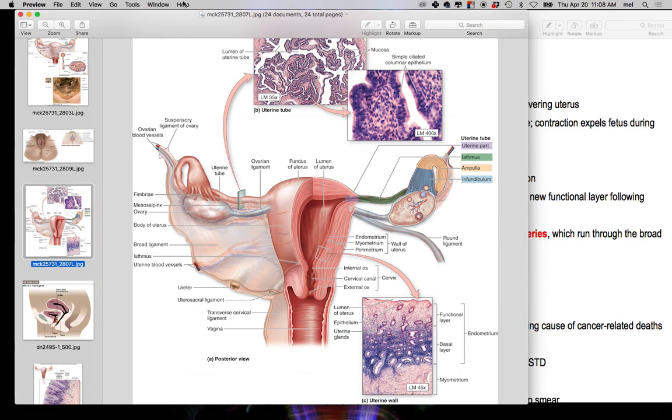Then when the progesterone drops, you shed the functional layer, and then you grow it again, and shed it again. Does that make sense? So you are actually not menstruating fluid. You are menstruating really, really vascular tissue. Of course, some fluid is going to leave as well, but it's actually tissue that you're losing every single menstrual cycle. Does that make sense? Okay.